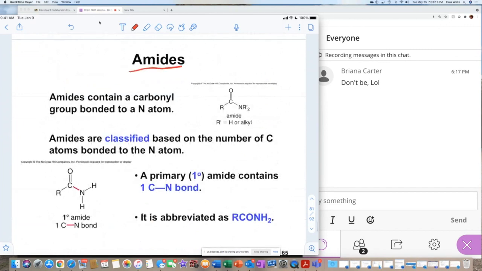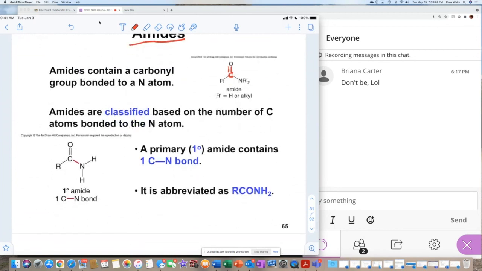Our final classification for this group is amide. Remember, amide looks just like amine. The only difference is the carbon here is a carbonyl carbon. Amides are classified based on the number of carbon atoms attached to the nitrogen atom, like we saw before.